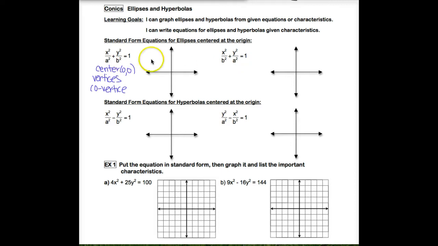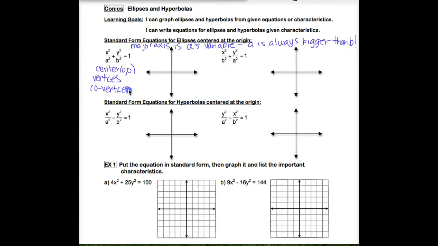So that's how you tell the difference between these two, because they look the same. One has x with a and one has y with a. Whichever denominator is bigger, that is what we are going to call our major axis. So whatever a's variable is going to be our major axis. A is always bigger than b in ellipses.